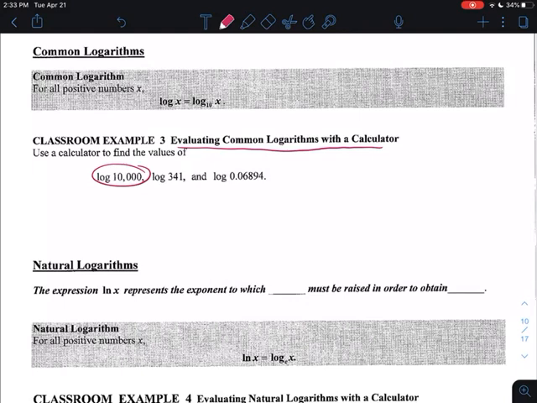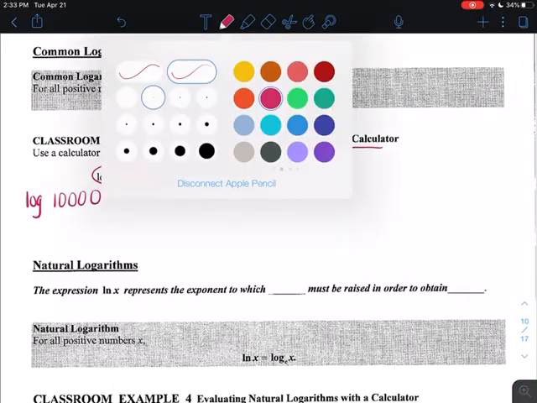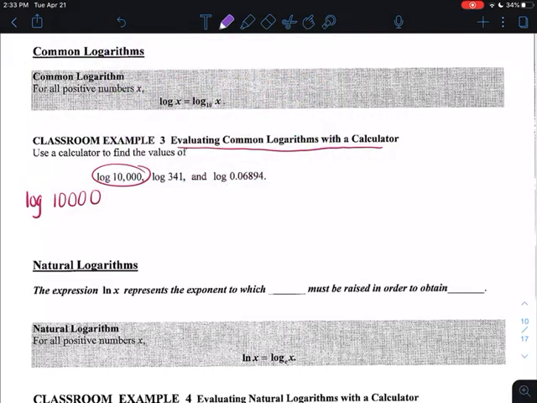First thing we're going to do is the first one, log of 10,000, without a calculator. Well, they don't write it, but there's an imaginary base 10. So I'm trying to figure out, what is log base 10 of 10,000?